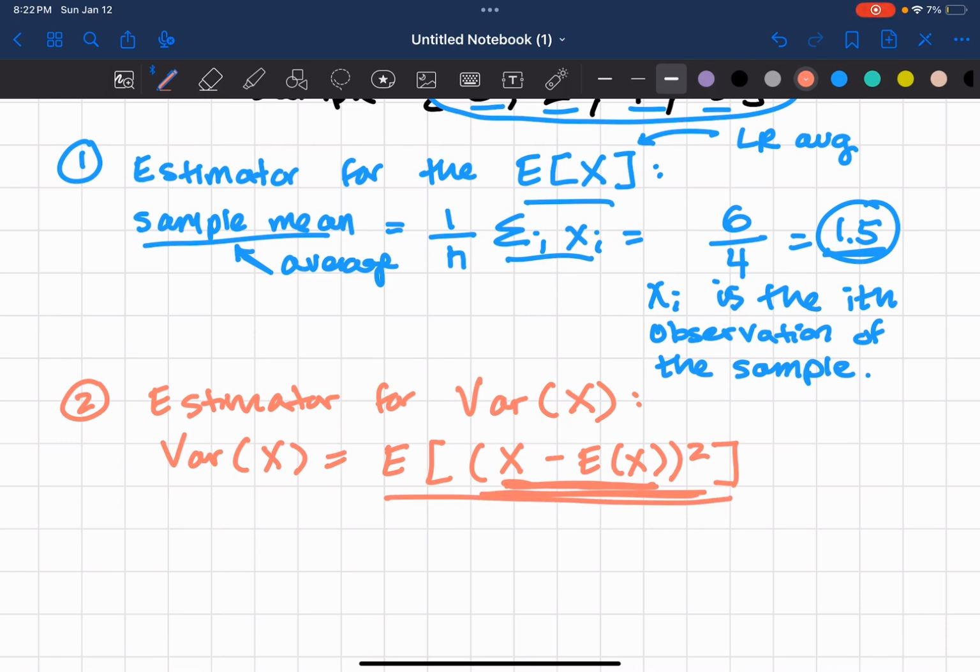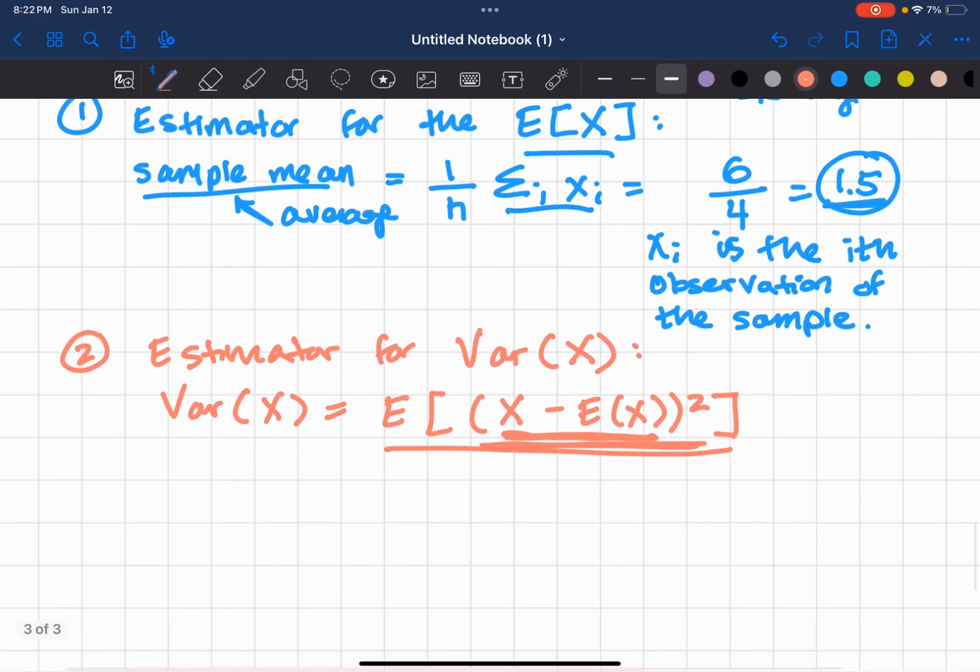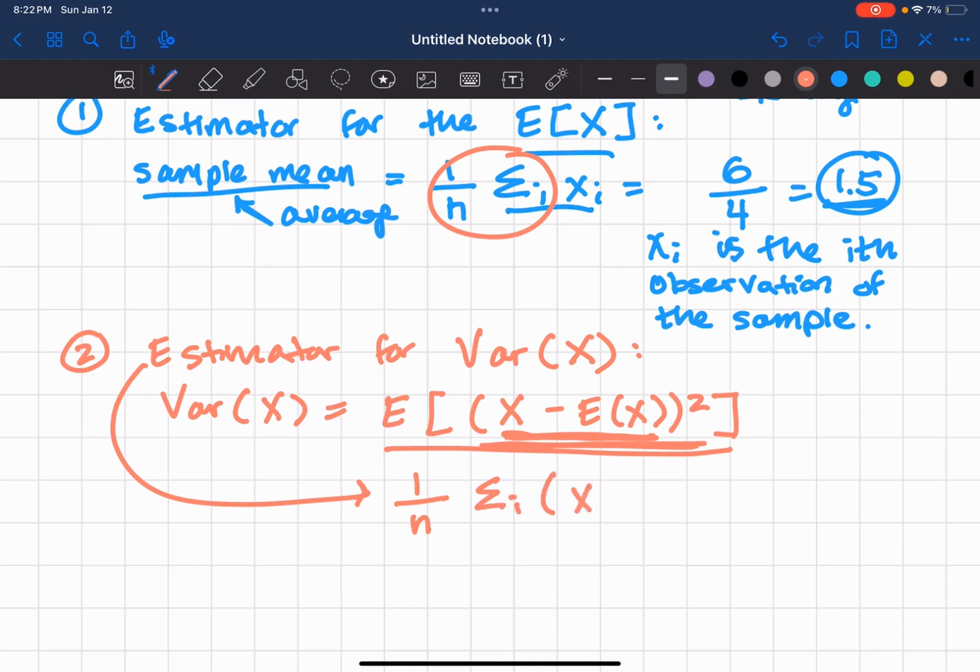That's the variance. Then the estimator for the variance of x is going to look really similar to this formula. Instead of expectation, we have 1 over n, sum over i, and then instead of x minus expectation of x, we have xi, which is the ith observation in the sample, minus x bar. That's the sample mean.